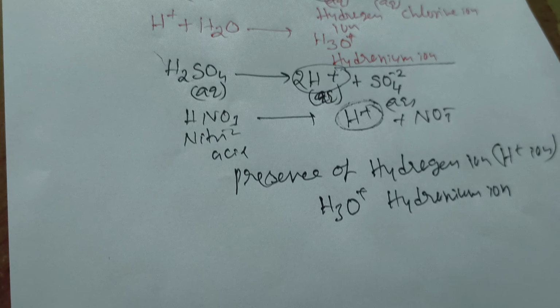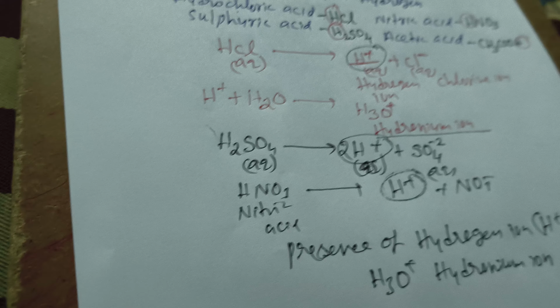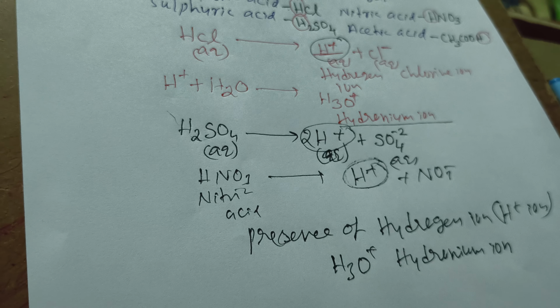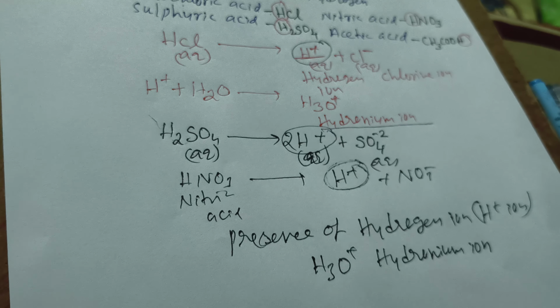So according to the Arrhenius acid base theory, the substances which release H plus ions when they are dissolved in water are called acids, because they contain H plus ions in the form of hydronium ions.